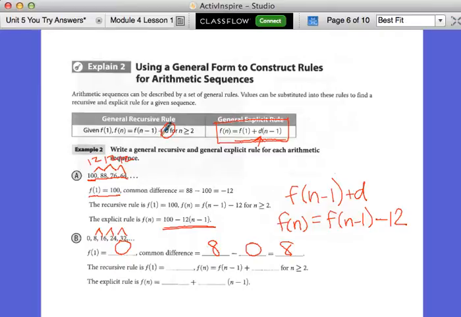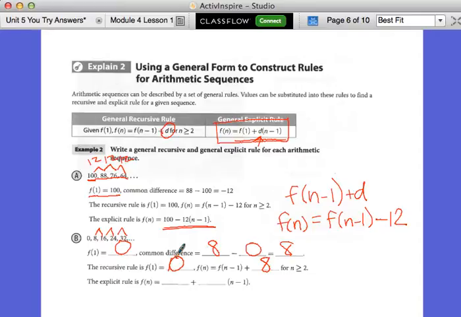Because f of n is equal to f of n minus 1 plus d, in this case it's going to be plus 8. And then I have to tell everybody that f of 1 is equal to 0. They have to know that my first term is 0, otherwise they can't find the other pieces.